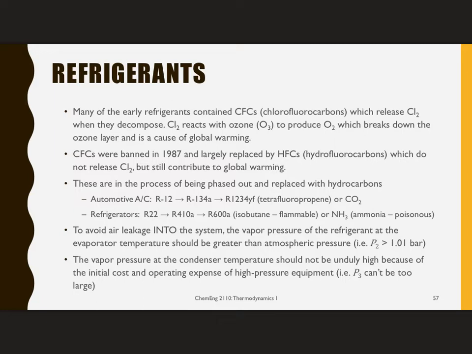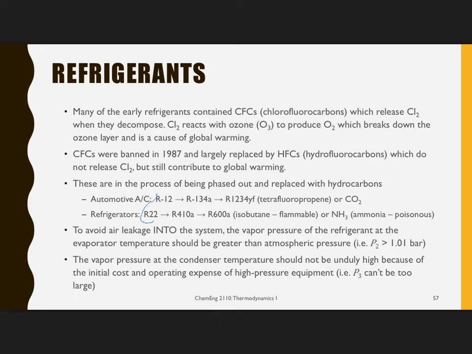Yep, there's a good use for carbon dioxide. And in refrigerators such as you probably have in your home, R22 is the old style, R410A is its replacement, but more recently we're using isobutane, which is also known as R600A, or ammonia, okay?